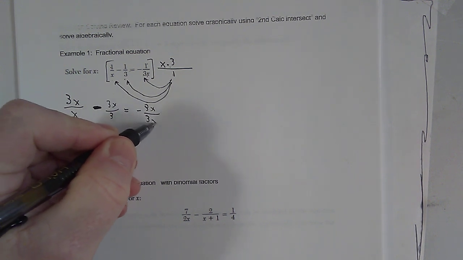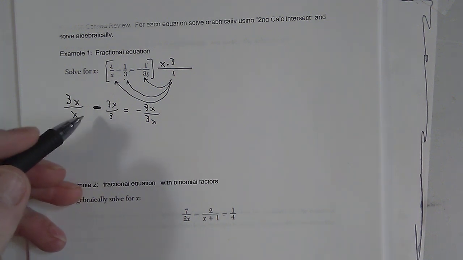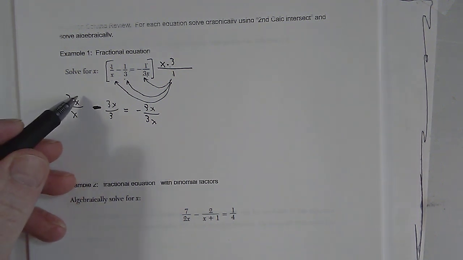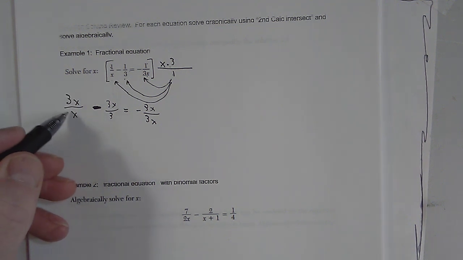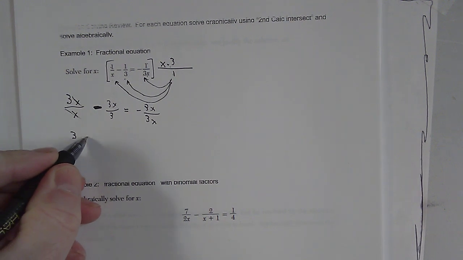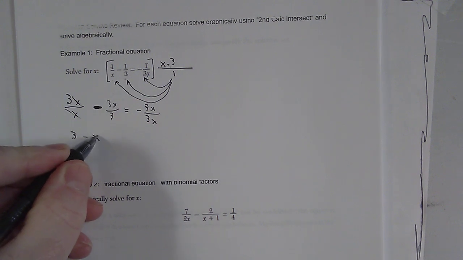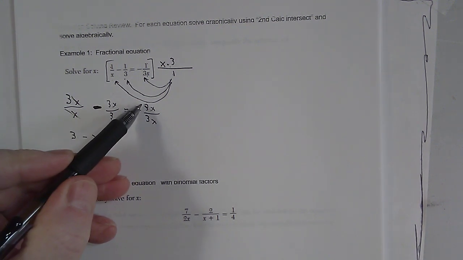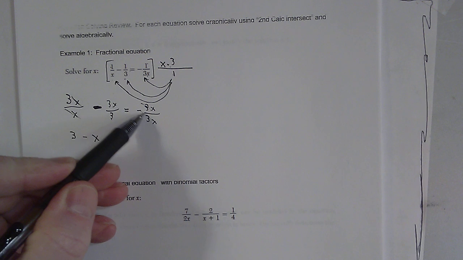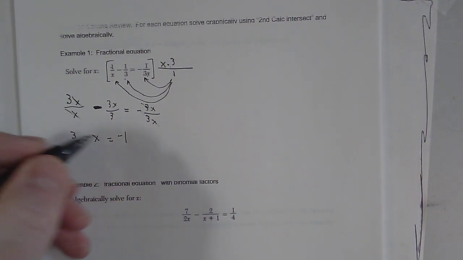Negative 3x over 3x. Now, if everything goes well, you should be able to divide the common factors in each fraction. So x goes into x once, leaving 3. 3 divided by 3 is 1. 1 times x is x. And then 3x divided by 3x is 1, so I have a negative 1.